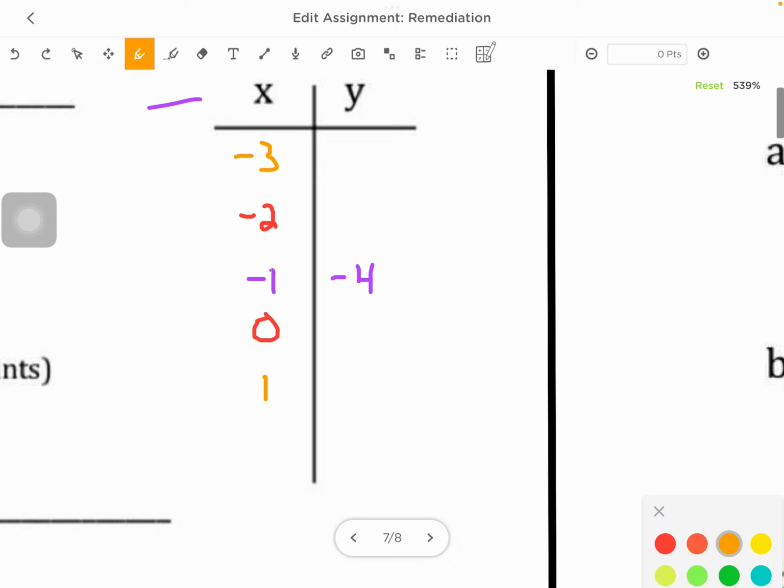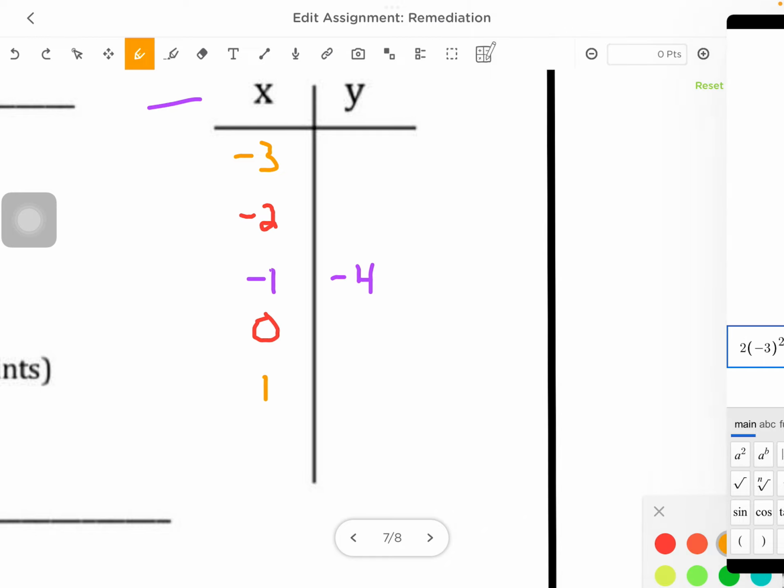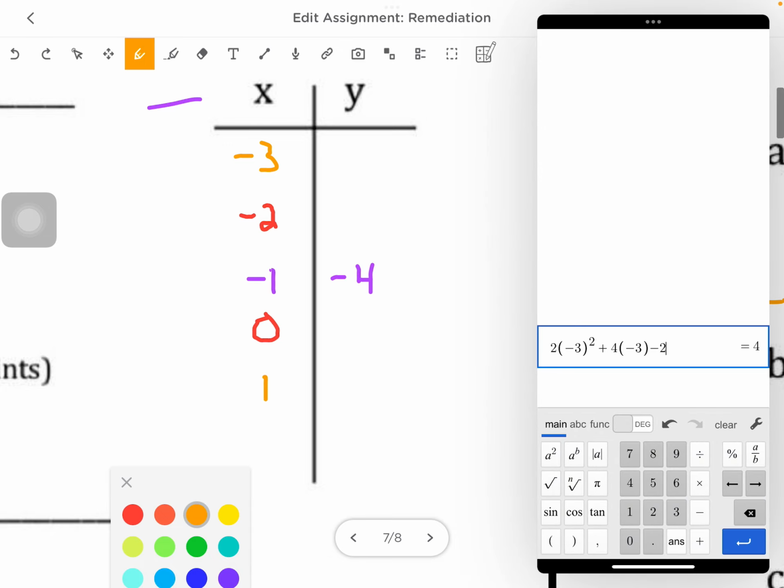To figure out my outputs, I can go back to my calculator, and if I want to work on -3, I can just change my inputs to -3s, and I can see that that's going to make a +4. So there's a 4 right there. Since this output is a 4, the other orange output is also going to be a 4. Now for my red numbers, change those to -2s.